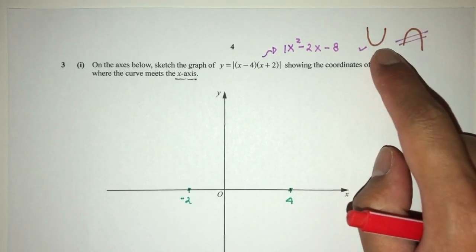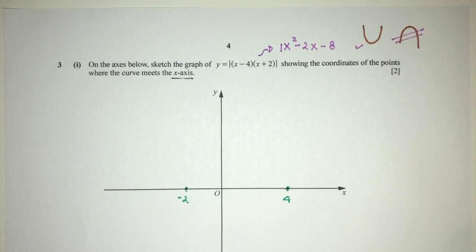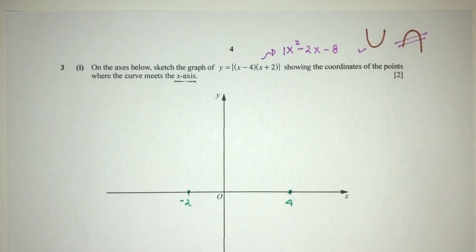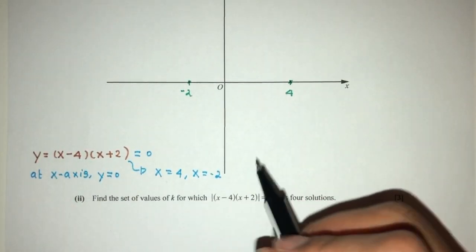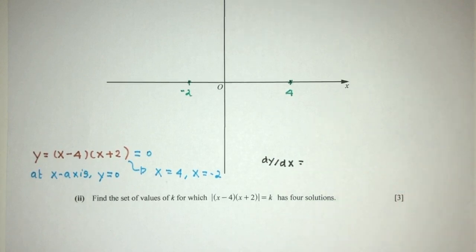We have to find the minimum point of this graph. So how do you find the minimum point? There are many ways. One of the ways, as we always use, is using dy by dx. Let's find dy by dx. Of course there's no need, but we know this method, so why don't we use it?